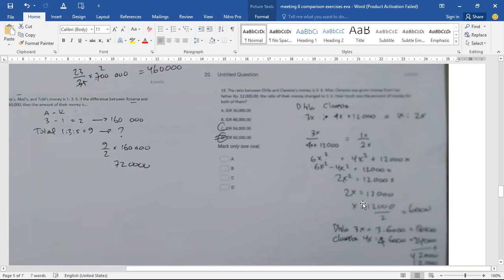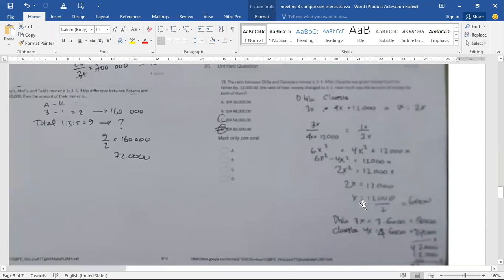Next, number 19. It's a comparison between Cita and Claresta. Sorry for the quality of my picture. The ratio is 3 and 4, and then after Claresta gets 12,000 money, it becomes 1 to 3.